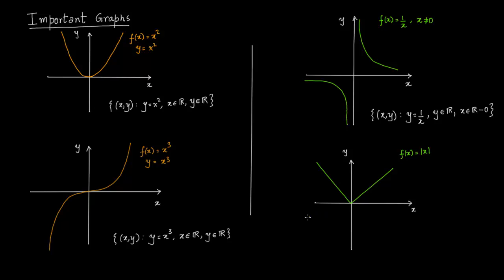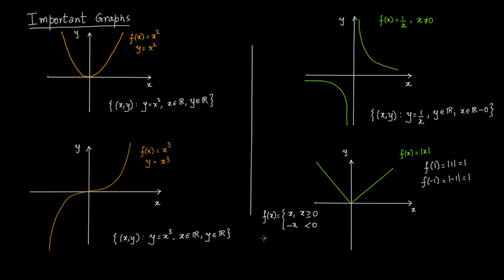So at 1 it takes value 1, at minus 1 it converts a negative number to a positive number. So minus 1 is also 1. So we will give some examples, then it will be clear. f(1) is 1, f(−1) is also 1. So it converts a negative number to a positive number and leaves a positive number unchanged.